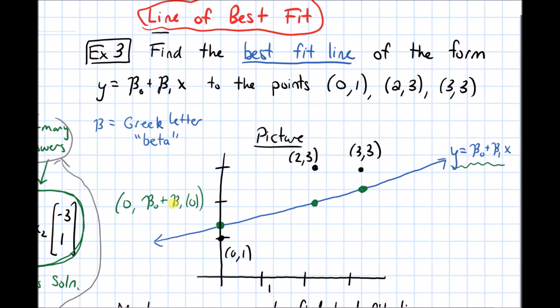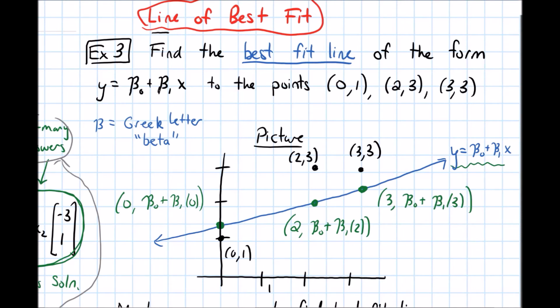It's true that beta 1 times 0 is just 0, but I'm going to keep it in this form so I can see the general formula later. Similarly for this next point, its x-coordinate is 2, and the y-coordinate would be beta naught plus beta 1 times 2. And for this last point, the x-coordinate is 3, and the y-coordinate is beta naught plus beta 1 times 3, because that's what I get when I plug 3 into this equation.